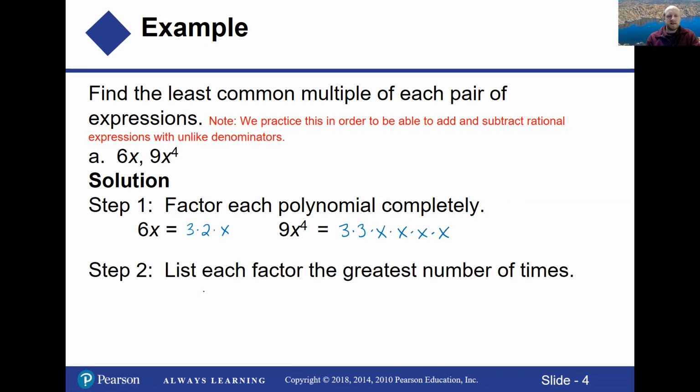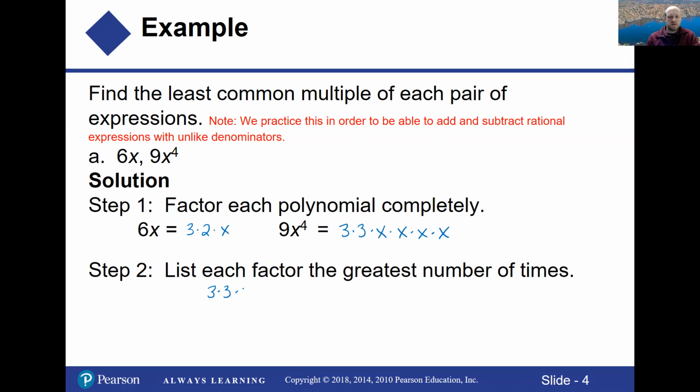Now the next step is to list each common factor the greatest number of times. So if I'm listing those, what's the greatest number of times 3 occurs in this? Well, 3 occurs twice in 9x to the 4th. So that's the greatest number of times 3 occurs. What's the greatest number of times 2 occurs?